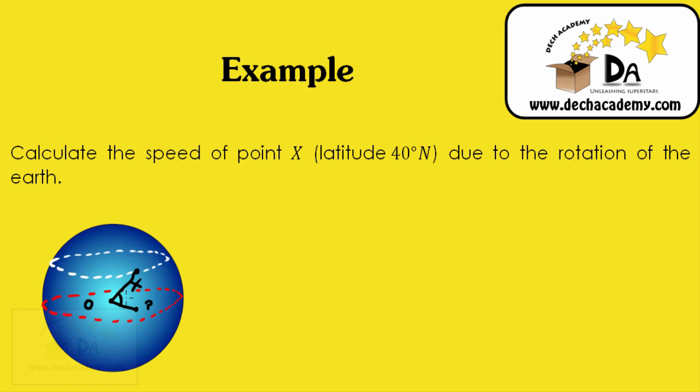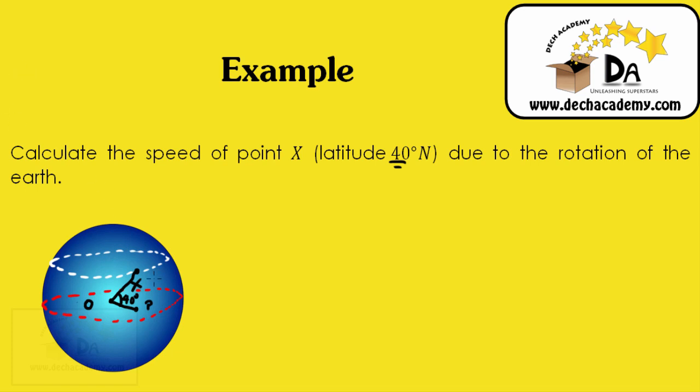This angle is the latitude of point X, and that latitude is 40 degrees. So that's where 40 degrees north comes in: the line of latitude of point X is 40 degrees north of the equator.